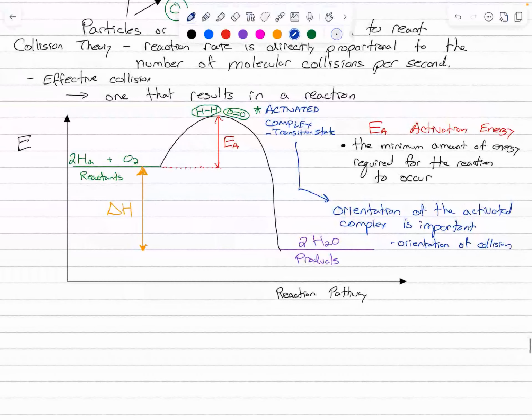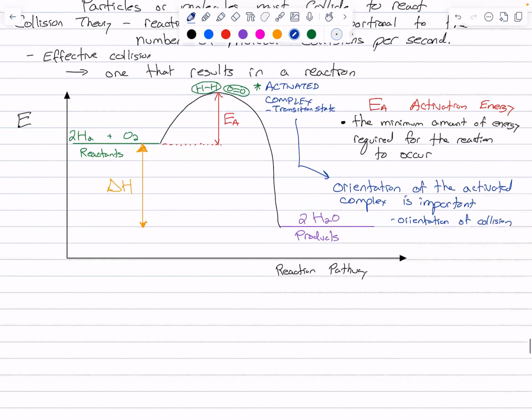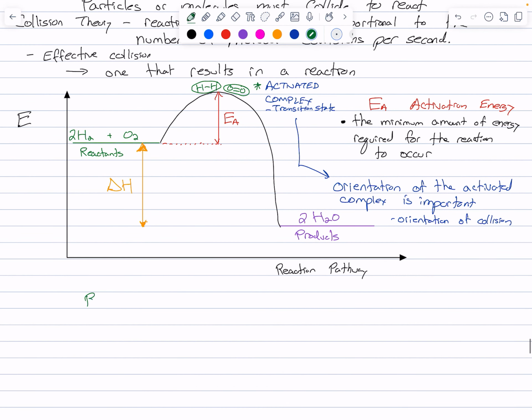So when we talk about rates, when we talk about this reaction, after this activation energy is met, we're going to actually revisit that later on. But when we talk about reactants and products, once EA is met, we're going to talk about the rate.